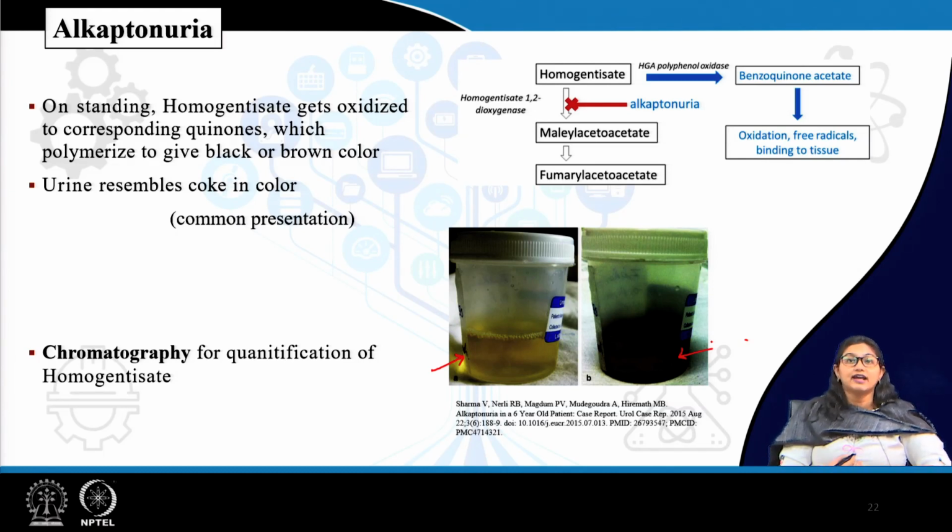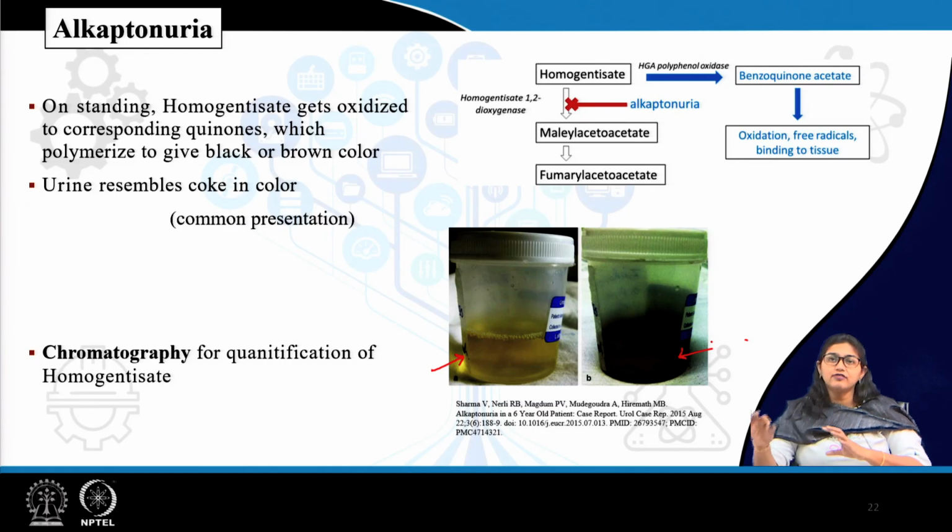Why this blackening? Because homogentisate cannot be degraded, it is accumulated and diverted to some other pathway. What is that pathway? It forms different types of quinones.